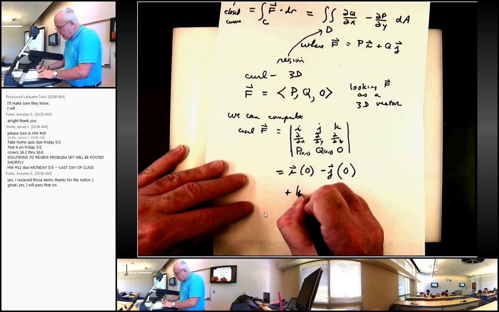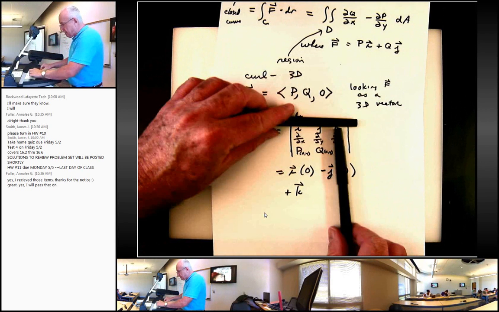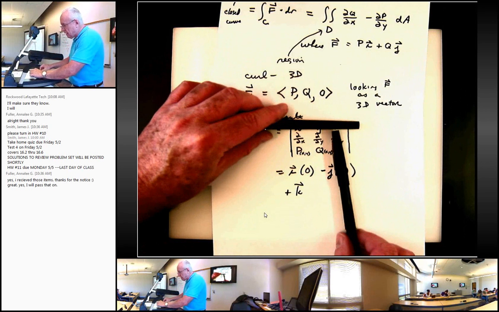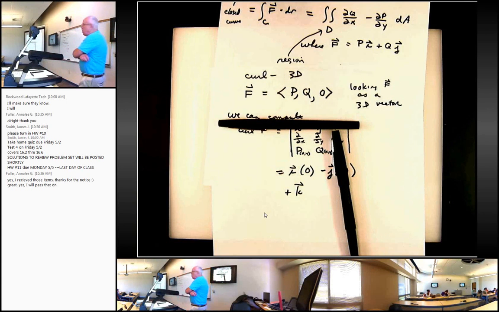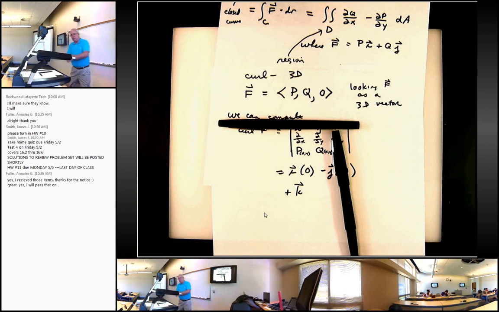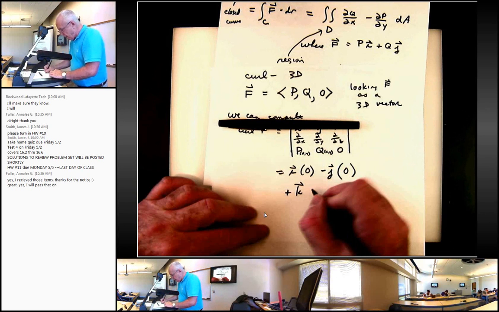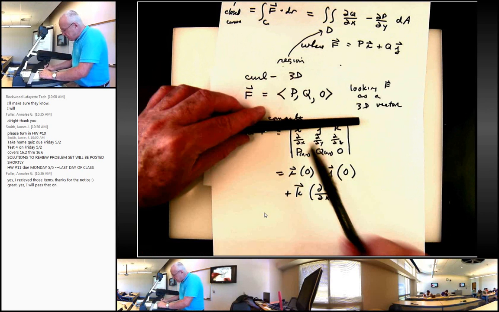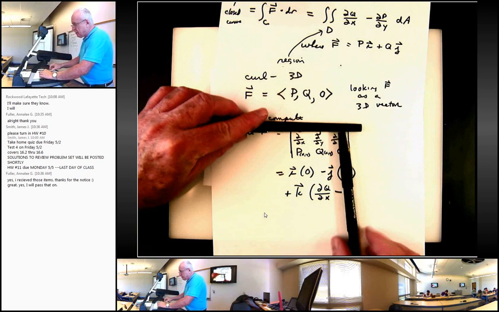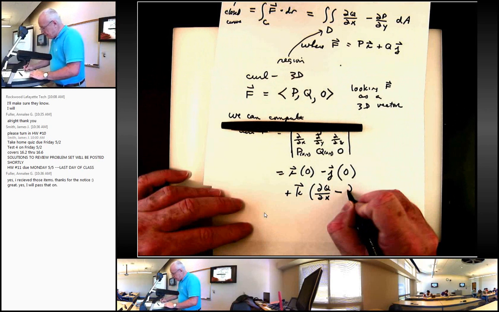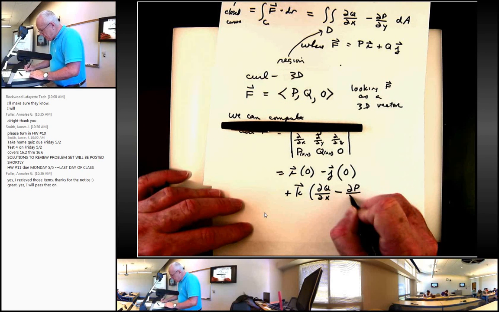So the only thing we have left, then we have a plus, we have the k, so we blot out the first row, the third column, and we have this. On the down diagonal, we have partial q, partial x, minus, and on the up diagonal, we have partial p, partial y.